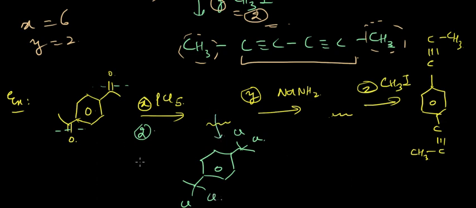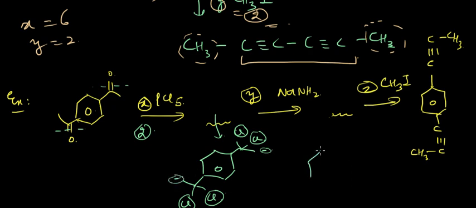Then reacting with Y moles of NaNH2, obviously we require 3 plus 3, 6 here. Why? 2 for this, 4 for this, and 2 more for creating a negative charge on this carbon atom.